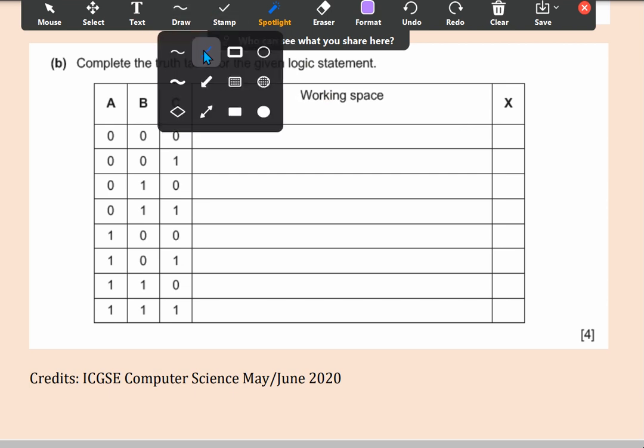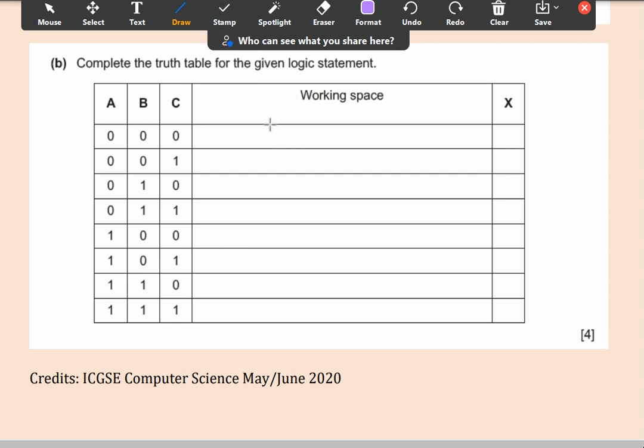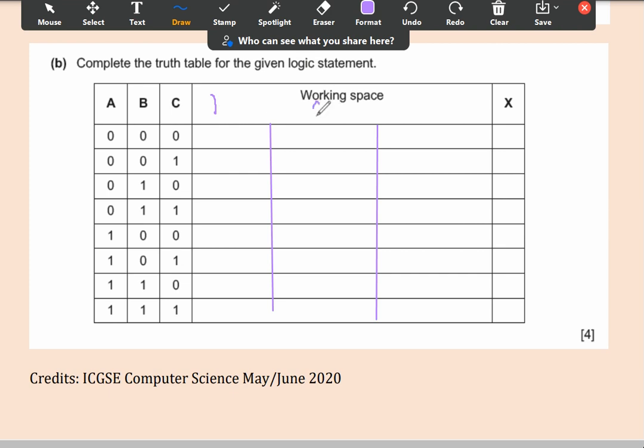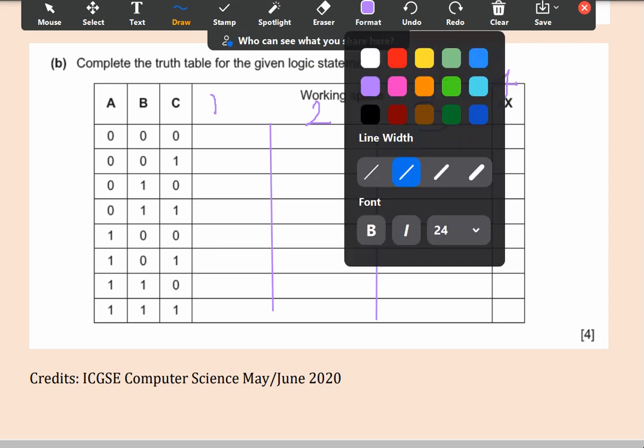So I will now draw like 3 gates here. So we have your first gate, your second gate, your third gate, and the fourth gate is the X.